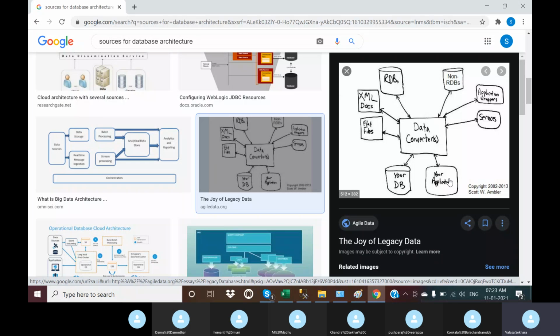So extracting of the data. Suppose we have various sources like XML. Sometimes the data will come in XML format.